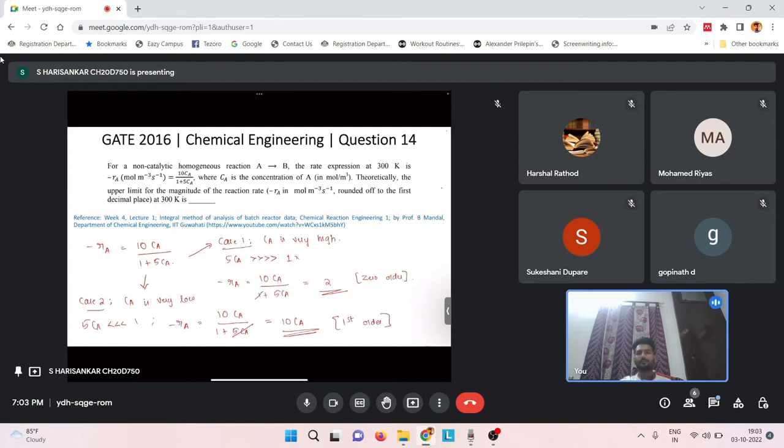In the next class, we'll see series and parallel reactions, and we'll see how we can implement the reaction rates of series and parallel reactions in design equations for CSTR, PFR, and batch reactors. And we'll keep continuing solving a few more questions with regards to these concepts.